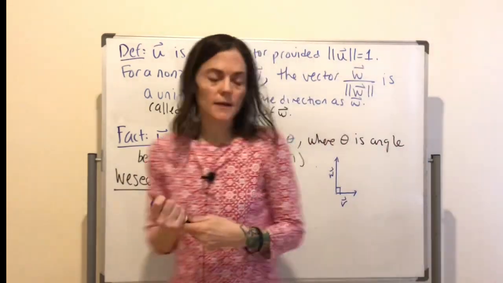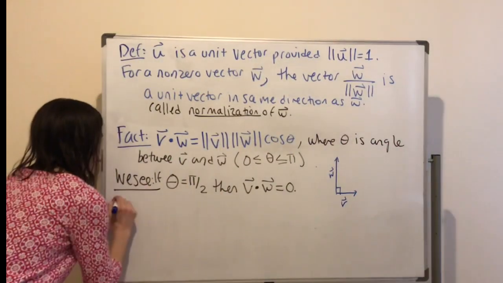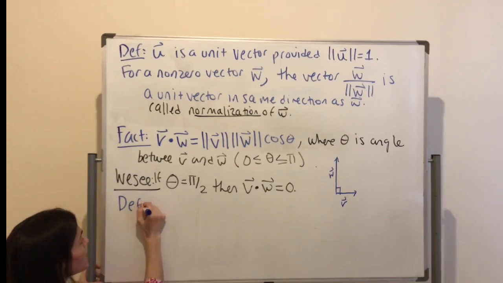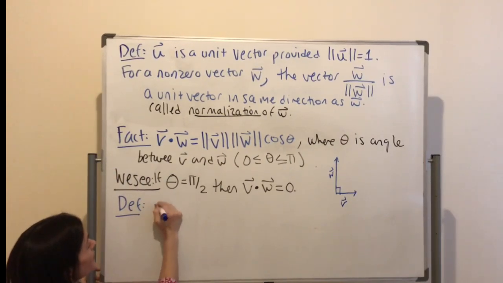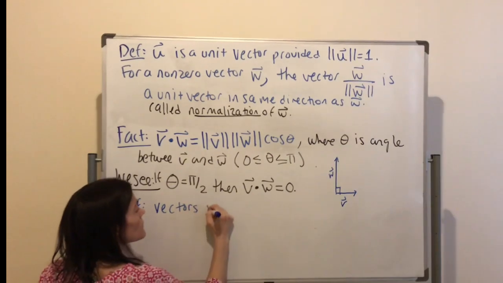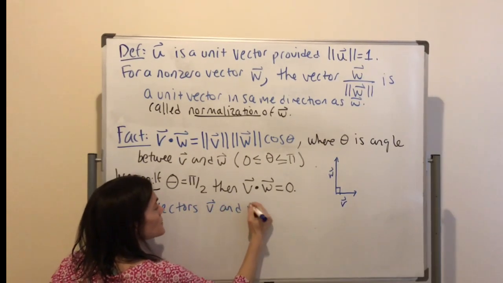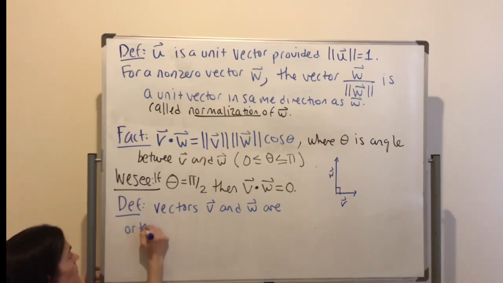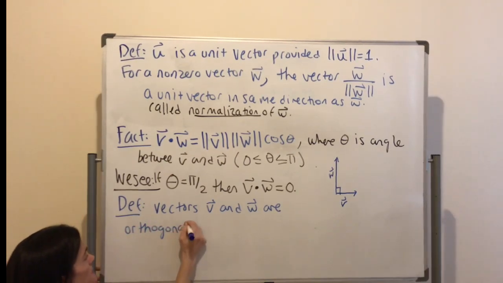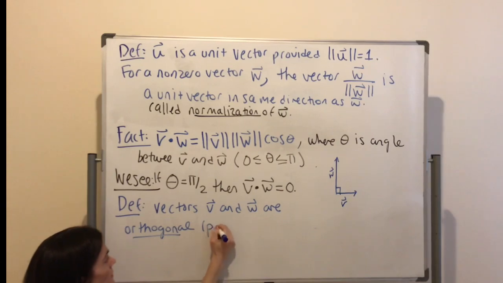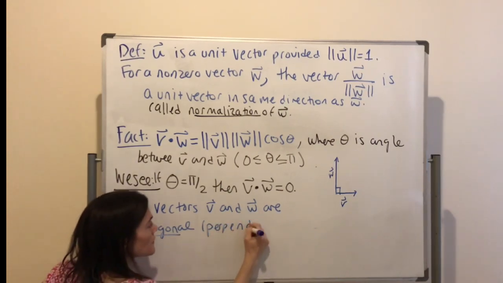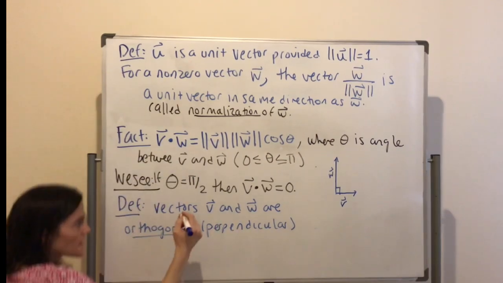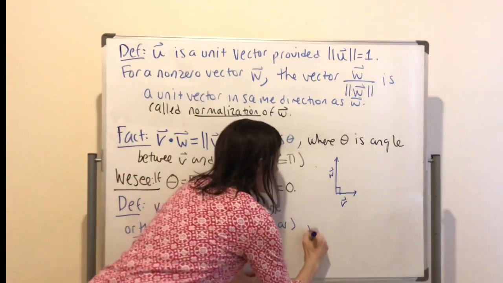Okay, so now let's do this definition, which, like I mentioned, came up in a homework. Vectors V and W are orthogonal, or another way to say this is perpendicular, provided their dot product is 0.